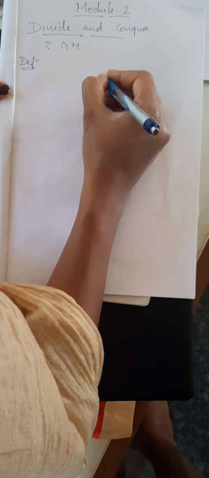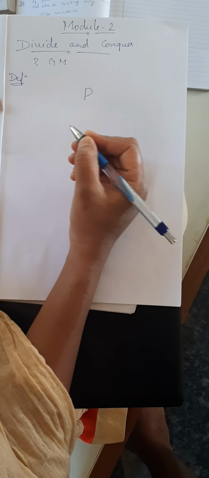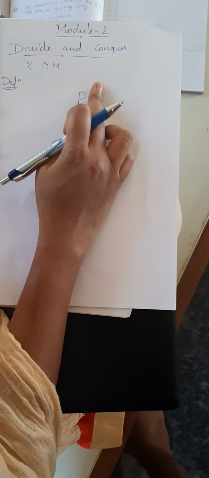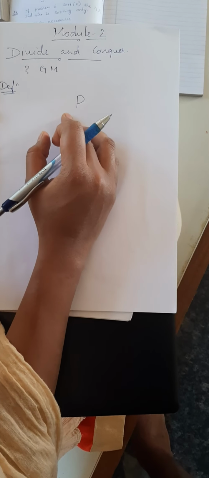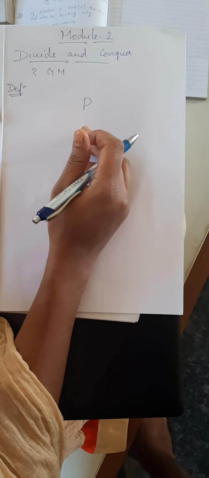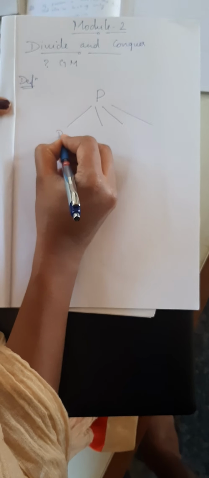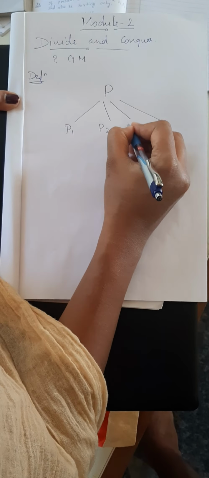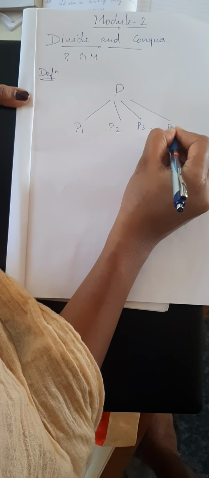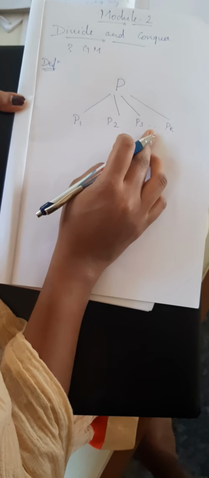For example, there is a problem P of size n. This problem is large. So for solving this it takes time. So what we'll do, we'll divide this problem into sub-problems. Name it as P1, P2, P3, so on, Pk. Next, the smaller sub-problems are solved individually.